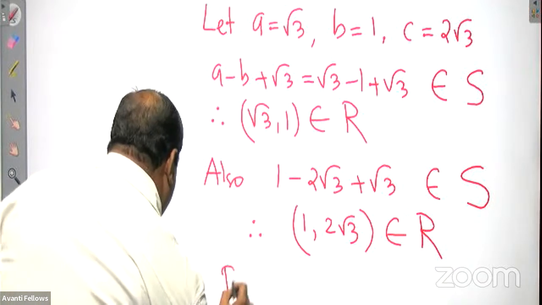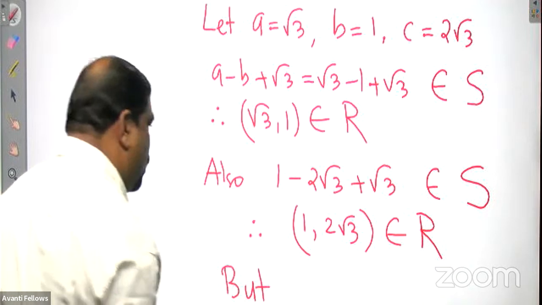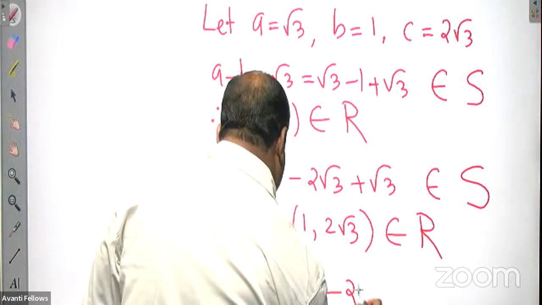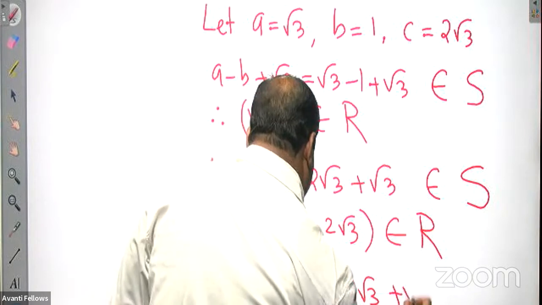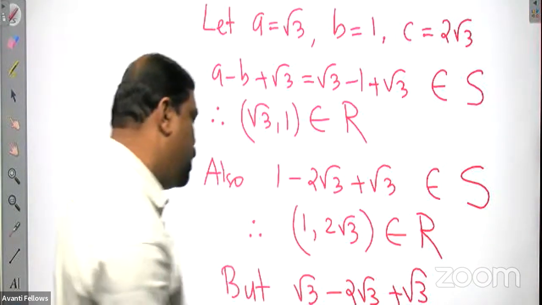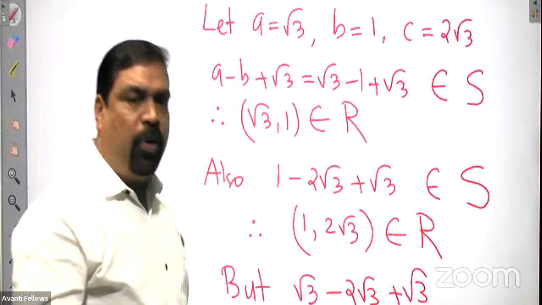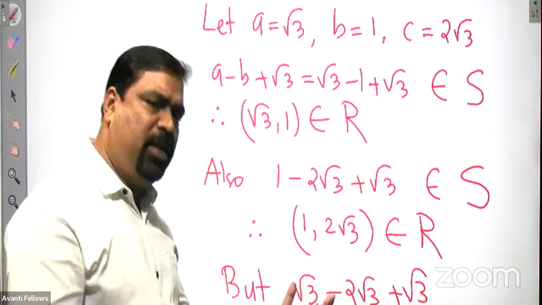Now what about AC? A comma C means root 3 minus 2 root 3 plus root 3. The same idea we used to prove not symmetric is applied here also.